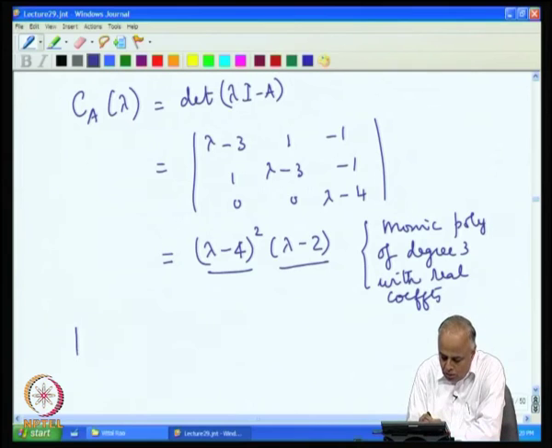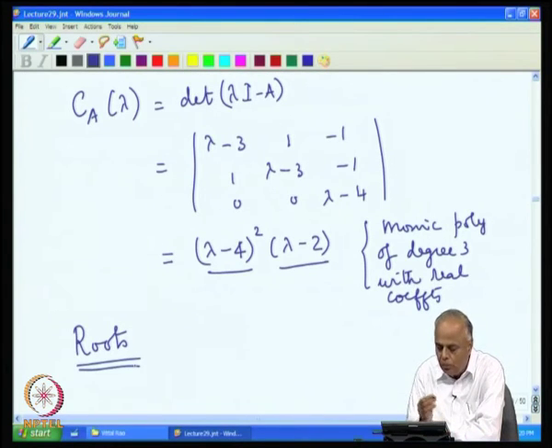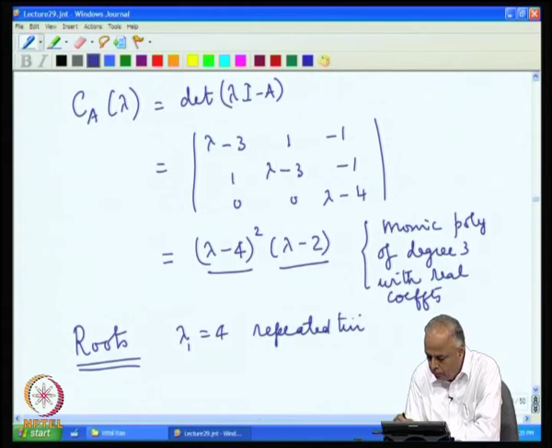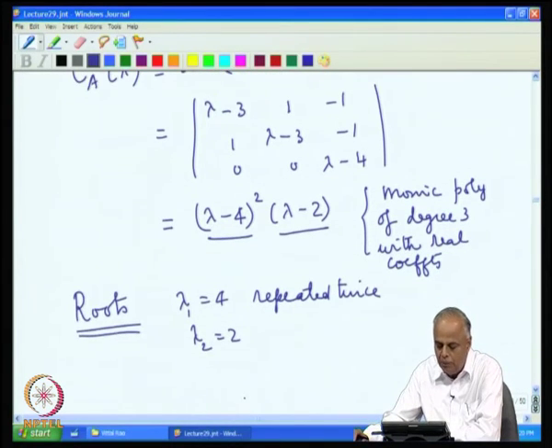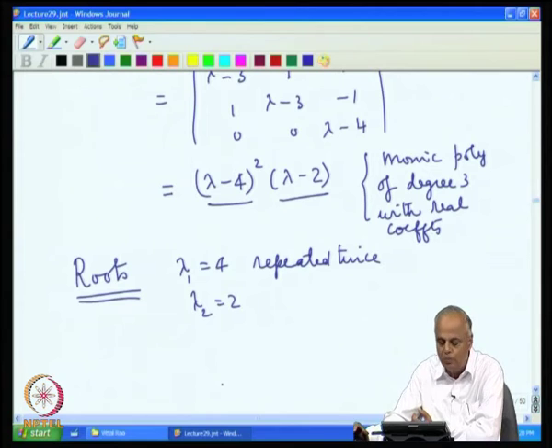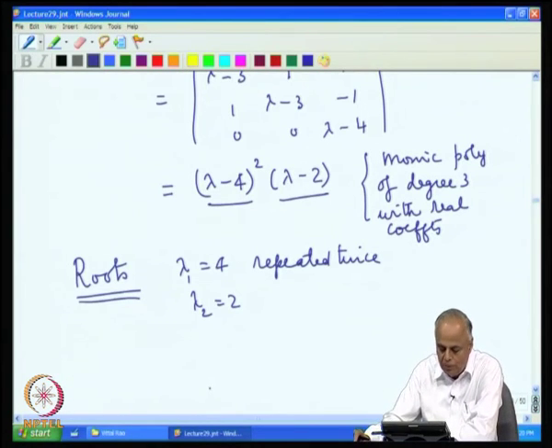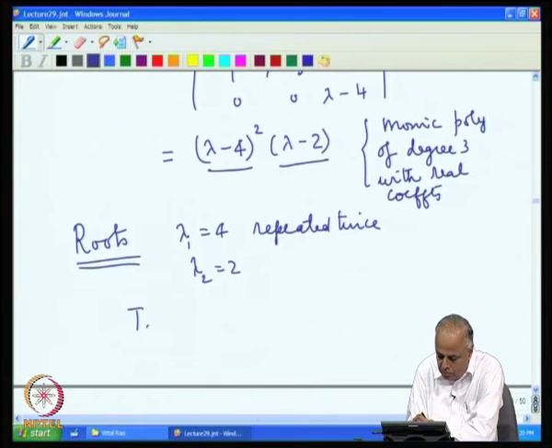What are the roots? In this case, there are only 2 roots actually, one of them is repeated. So, lambda 1 equal to 4 repeated twice and lambda 2 equal to 2. So, really speaking there are only 2 eigenvalues, 4 and 2, but one of them is repeated twice.